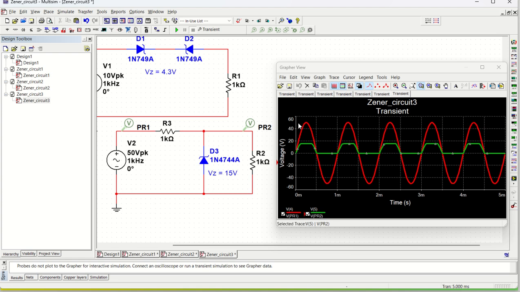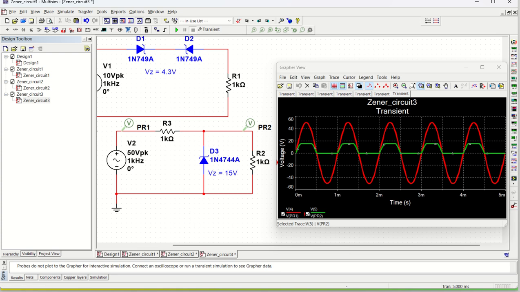You can see input voltage is 50, but output voltage is clipped to 15. As soon as it goes up, it will clip. And in the other direction, it is going to 0, because it will be short circuited, like forward bias. So in the negative cycle, it will be moving like this.